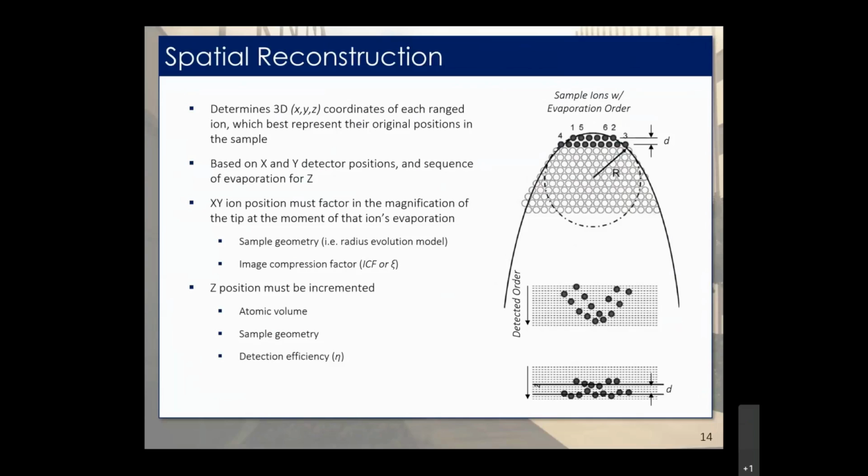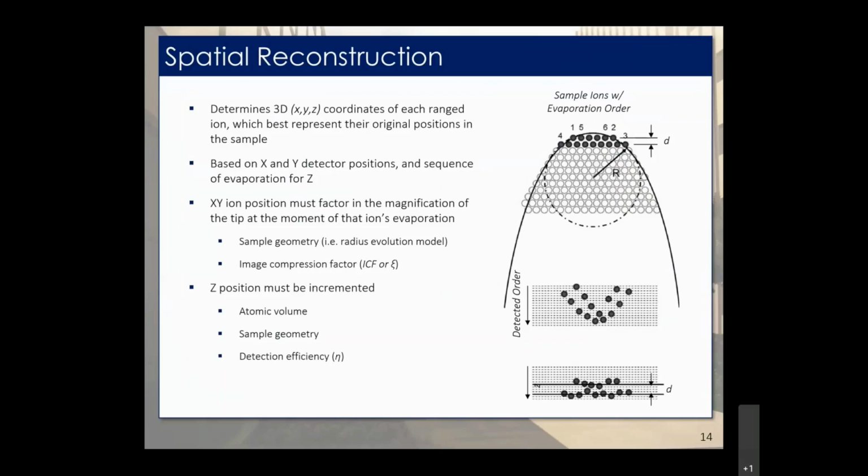Also, we have to know our sample geometry, because that's going to be affected by the radius as well. And we have to know our detection efficiency, because just a reminder, in atom probe, we evaporate every single atom, but we don't necessarily detect every single atom. And so depending on the detection efficiency of our atom probe, we have to account for those missing atoms when we build our reconstruction.